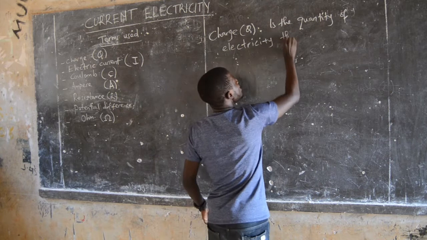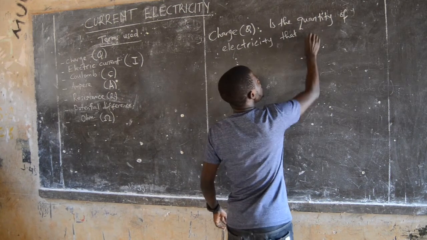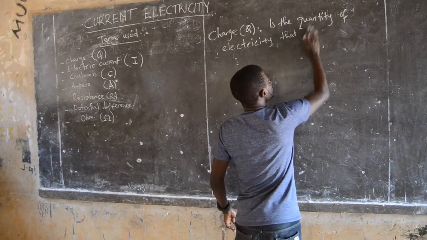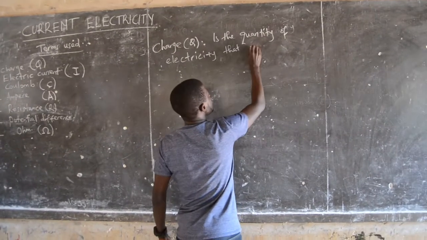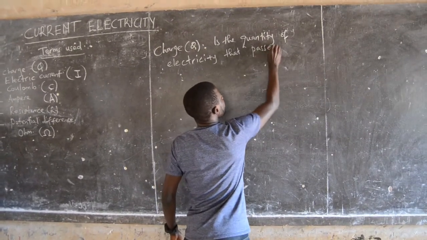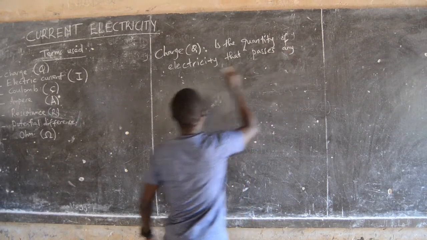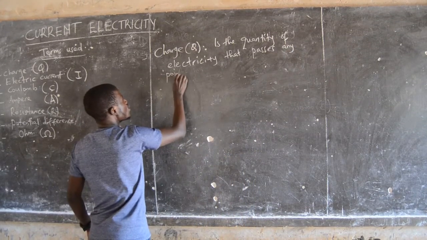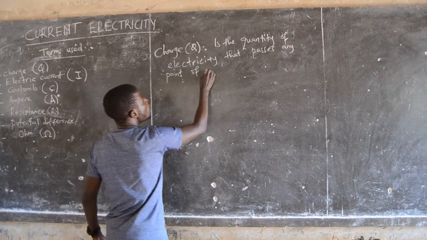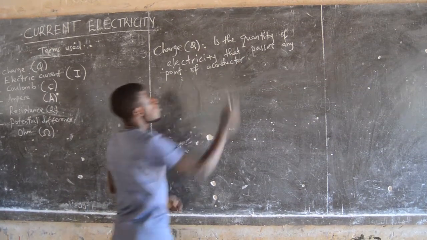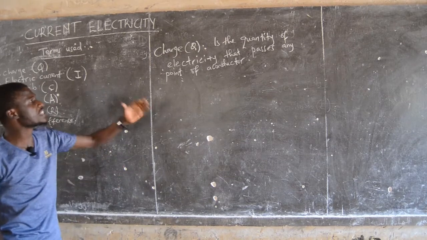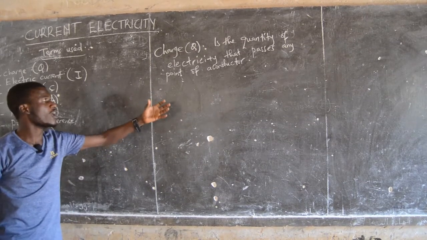Quantity of electricity that passes or flows any point, others you can call it section, any point of a conductor. Others can call it a section of a conductor. Quantity of electricity that passes any point of a conductor.